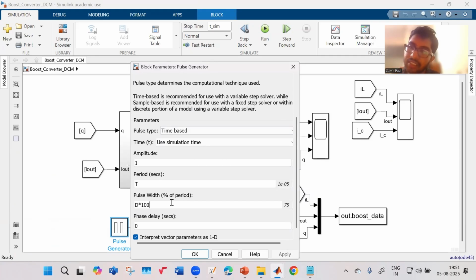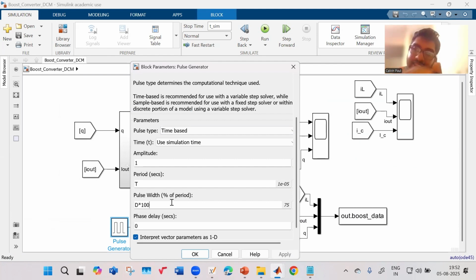Then I'll understand, oh, my D into this should be 60. Then everywhere my D into 100 should be, I must go and change that value. And this is a simple simulation. That time I was running some motor current signature analysis. So everywhere I'll have to go and change the value. That was a big headache.